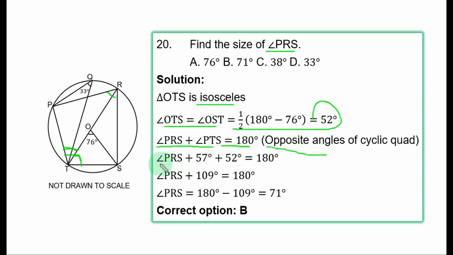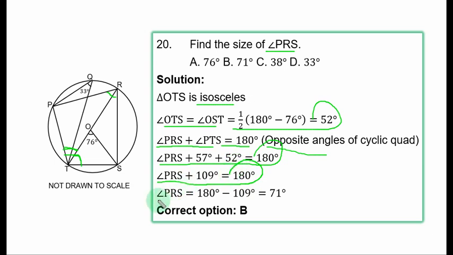So PTS has 2 angles, and their sum is 57 degrees plus 52 degrees, which is 109 degrees. So you have angle PTS equal to 109 degrees, and PQS plus 109 degrees equal to 180 degrees.